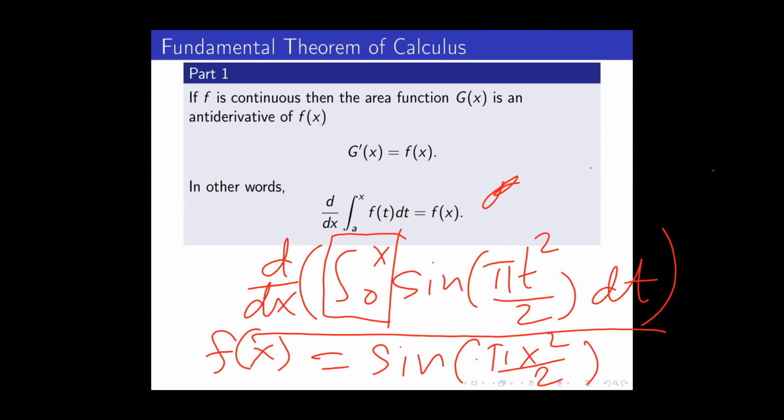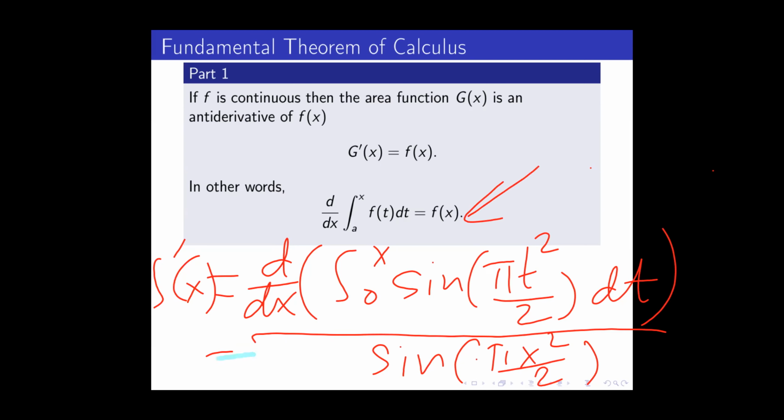Then what this really says is the derivative of Sx is equal to this, and by this formula, it is exactly equal to sine of pi x squared over 2. Okay.